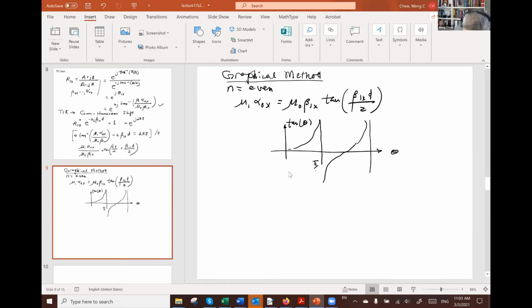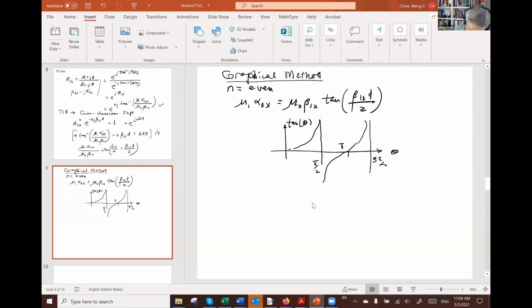And then this is pi over 2, this is pi, this is 3 pi over 2, and so on. So if you are at the case where n is even, you will either hit this point, or this point, or this point, and you can replace them all with the tangent. Okay, it's just a periodic function, so you don't have to write it over again.